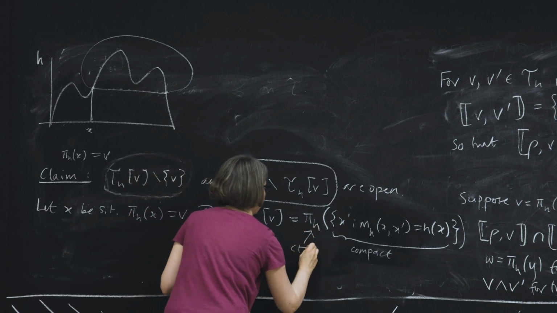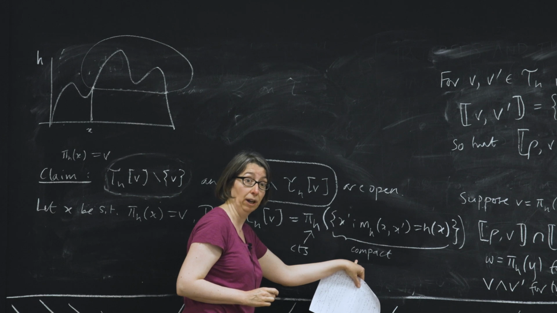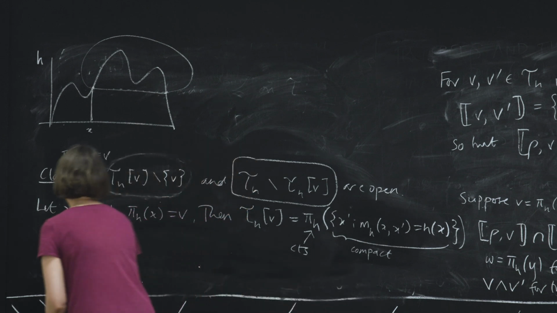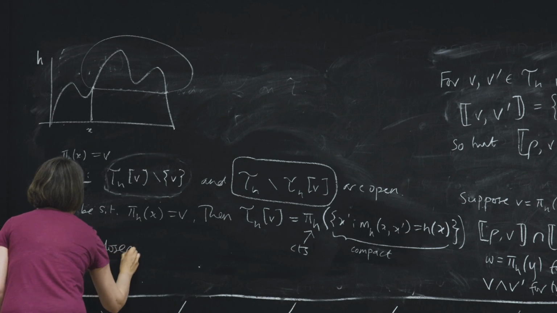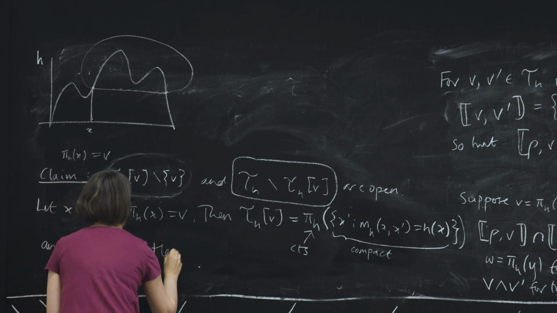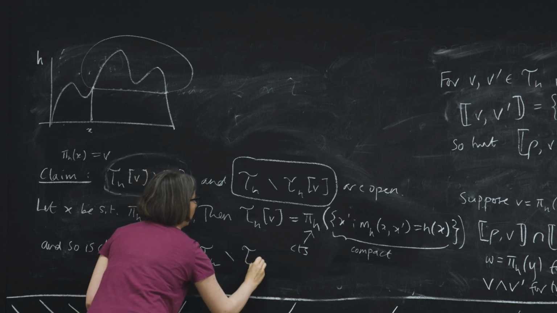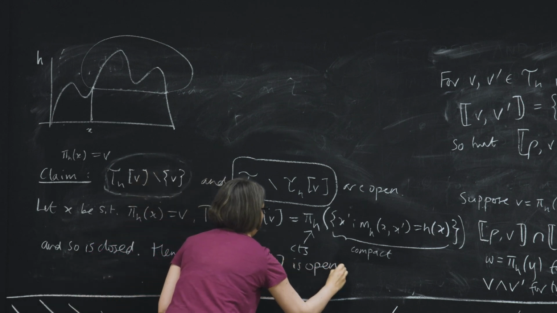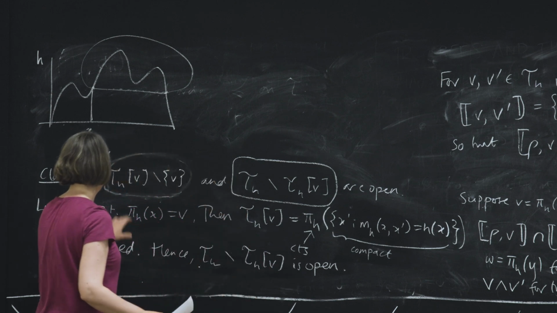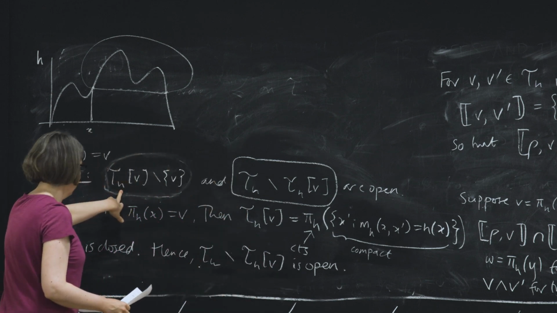This is a continuous function, and so the continuous image of a compact set will be closed. So hence, that's open. All right. And so now let's look at this thing.